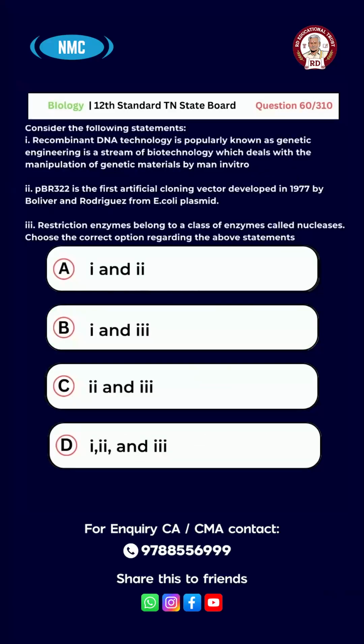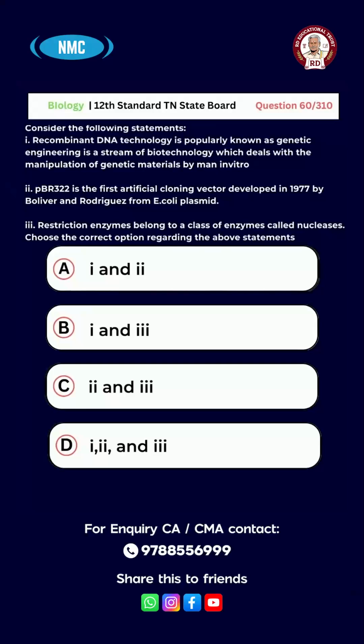Question number 60. Consider the following statements. 1. Recombinant DNA technology is popularly known as genetic engineering. It is a stream of biotechnology which deals with the manipulation of genetic materials by man in vitro. 2. PBR322 is the first artificial cloning vector developed in 1977 by Bolivar and Rodriguez from E. coli plasmid. 3.